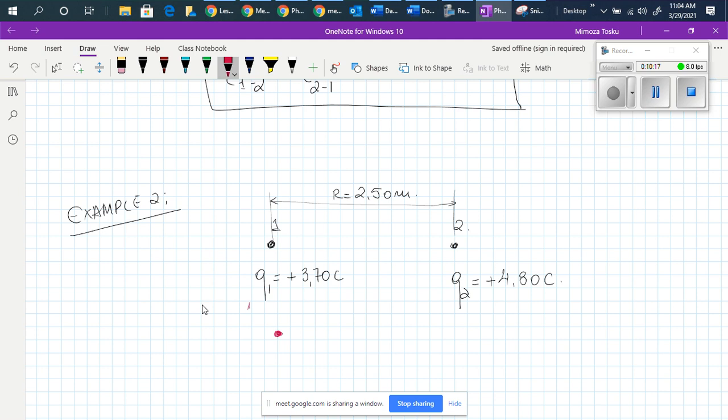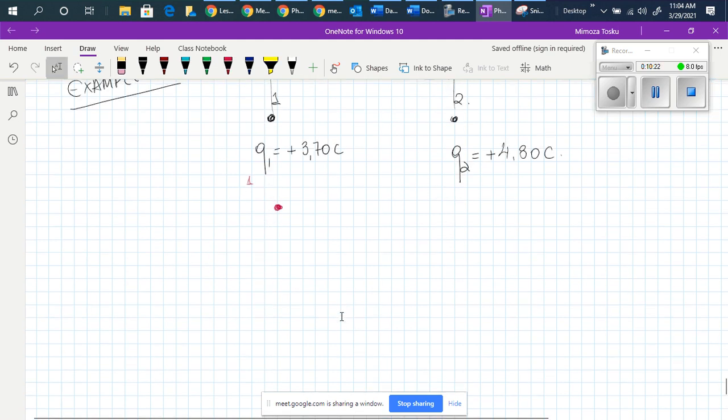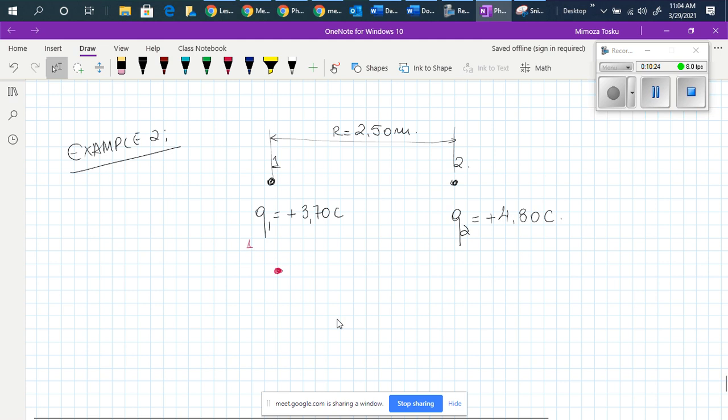object of our interest will be represented by the dot, and then since we are dealing with charges, we will see what type of force charge 1 is experiencing as a result of the presence of charge 2. Since they are the same, it will be repulsion.